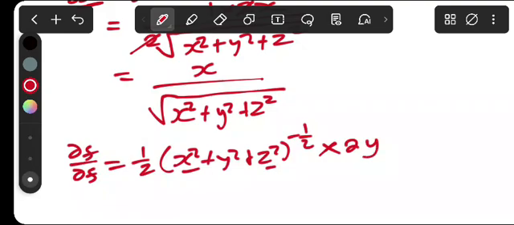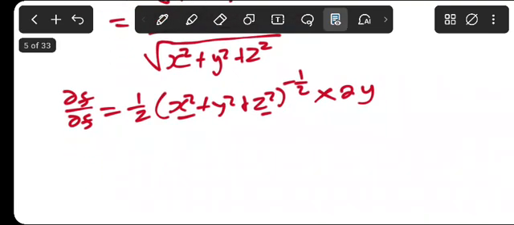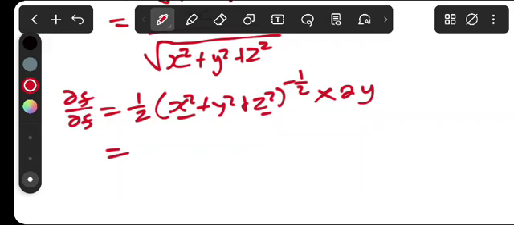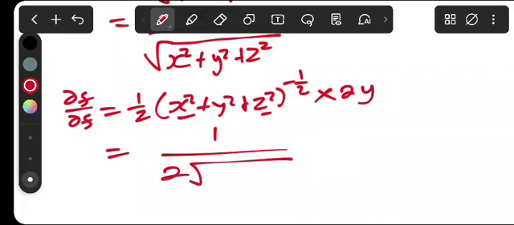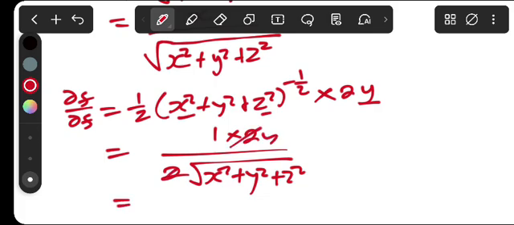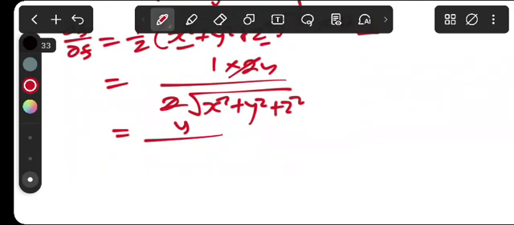So we're repeating the same process, and what changes is only the variable. This is the same as 1 over 2 square root of x squared plus y squared plus z squared, multiplied by these 2, then multiplied by 2y. So this and this cancel, and we're left with y over the square root of x squared plus y squared plus z squared. You see what is changing: it's only the numerator.